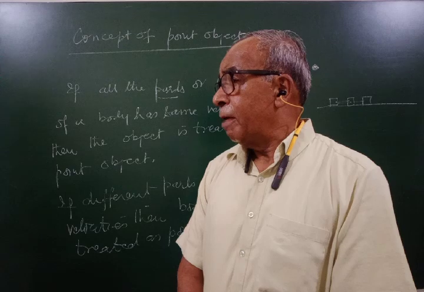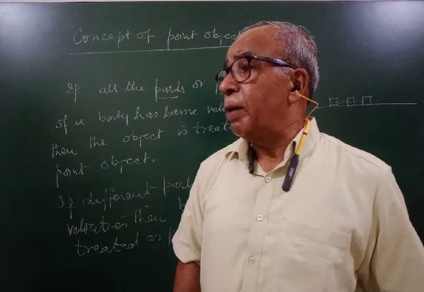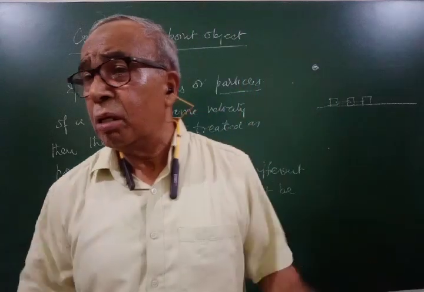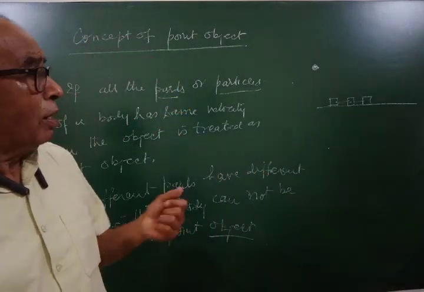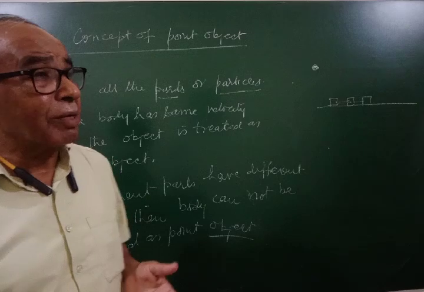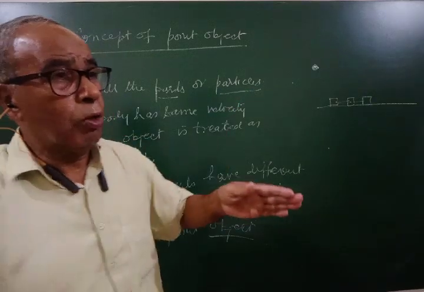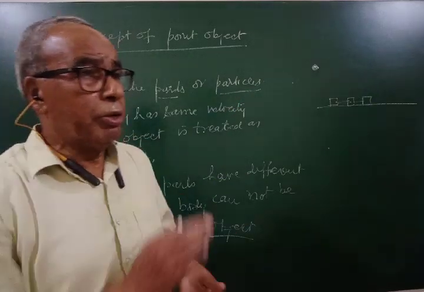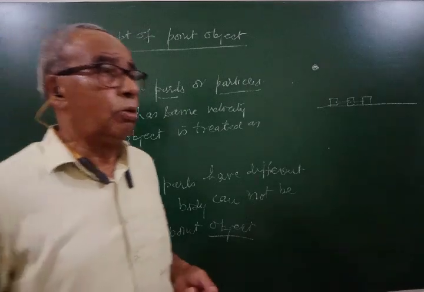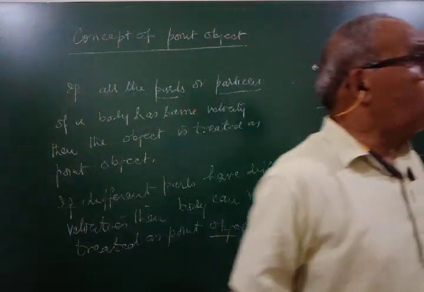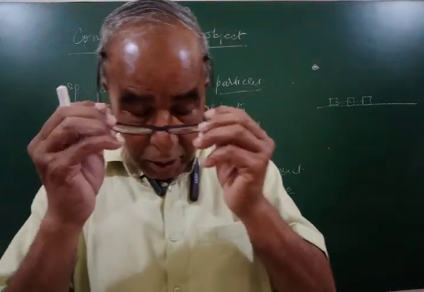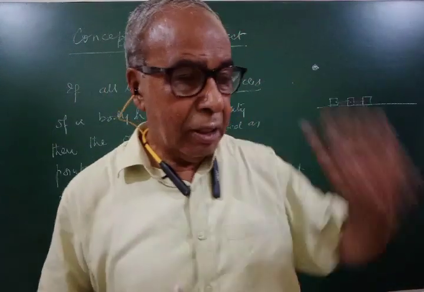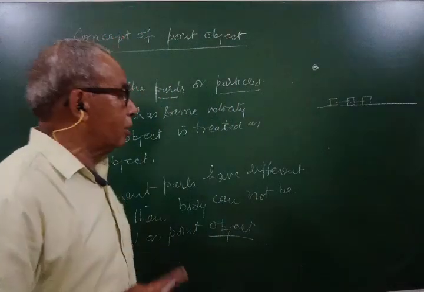Because every compartment of that train has the same velocity. Jerk means not like this or not like this. Horizontally as well as vertically, there is no jerk. All compartments have the same velocity. So that railway carriage is supposed to be a point object.